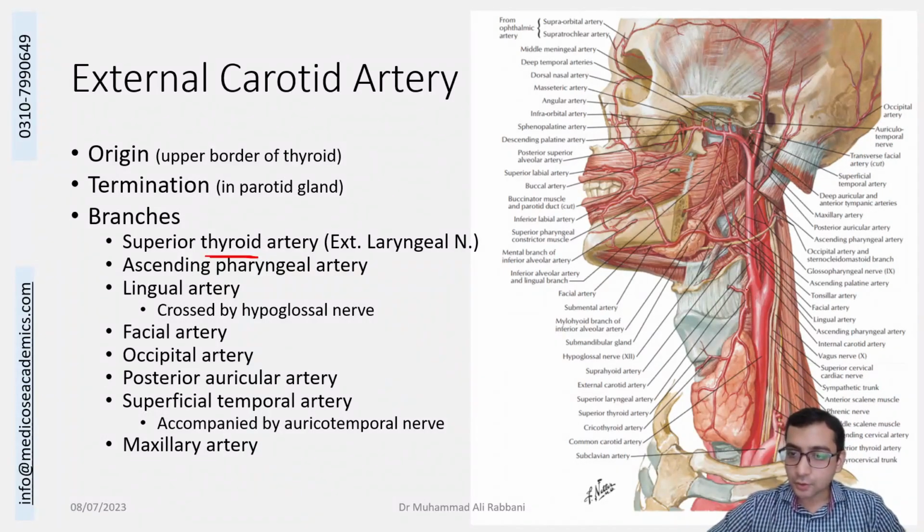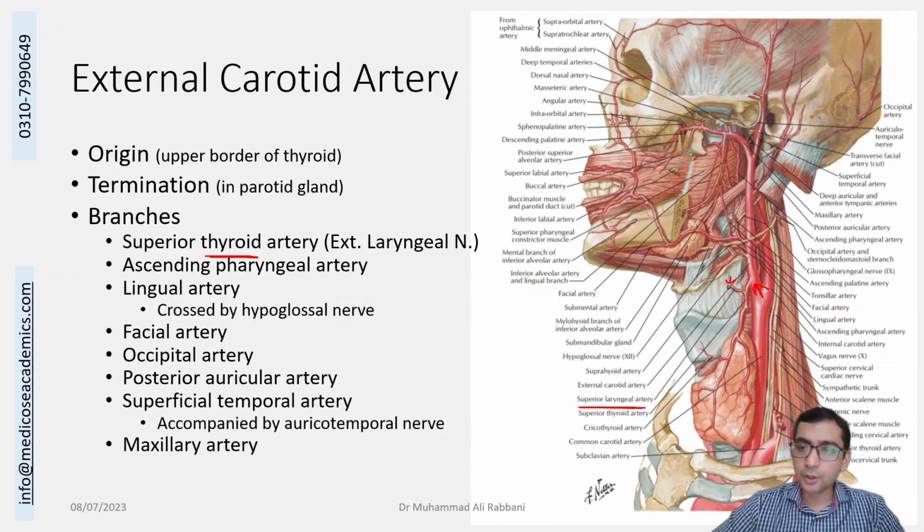Here the superior thyroid artery is originating from the external carotid artery. It has a few branches. There is a branch that goes into the larynx, called the superior laryngeal artery. It pierces the thyrohyoid membrane and goes down.